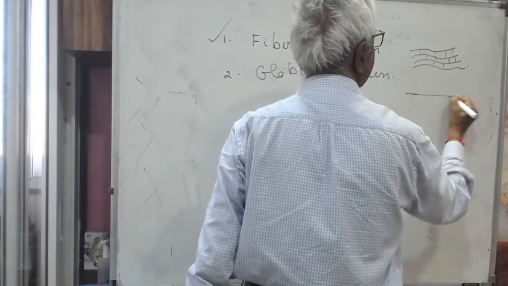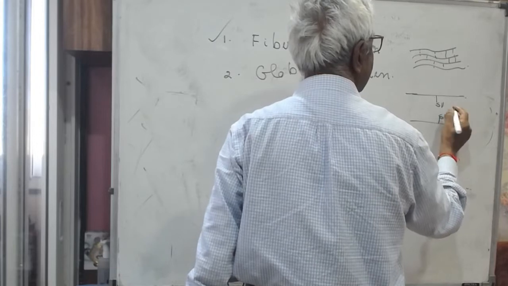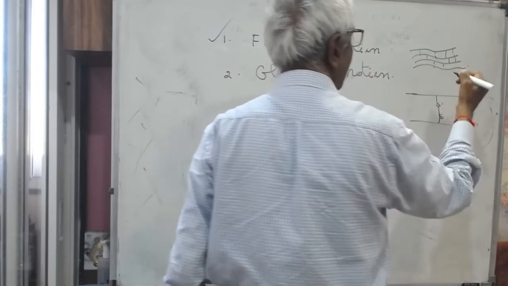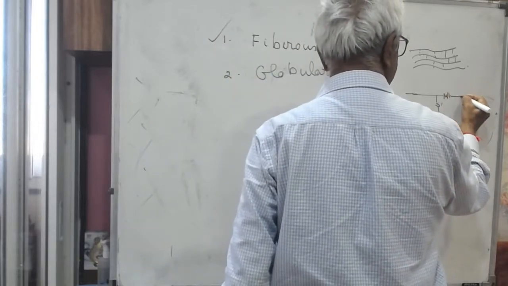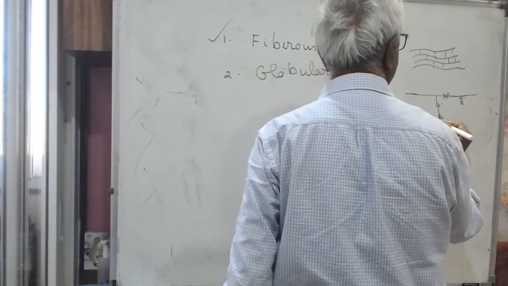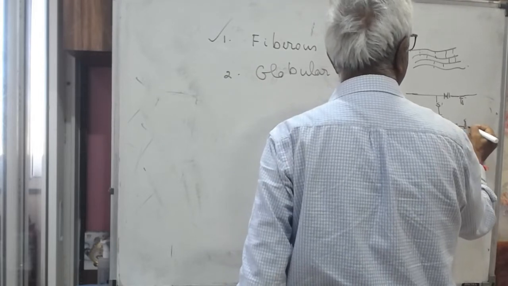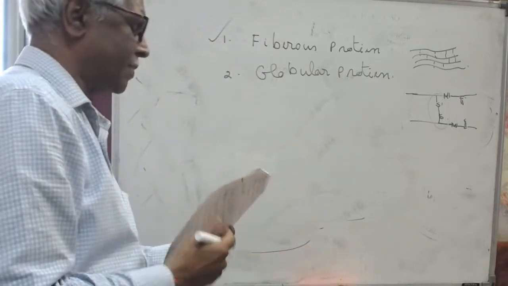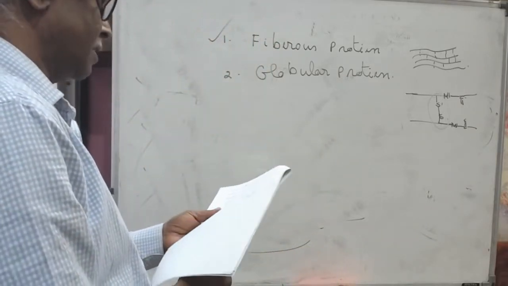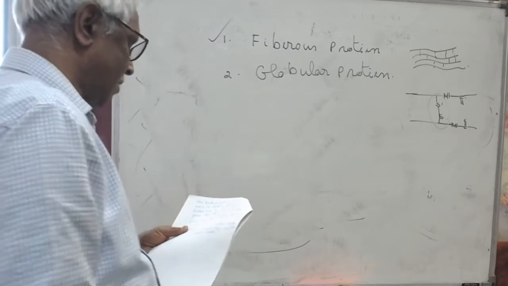Suppose here SH is there, in another protein SH is there, and the SH groups join together, and here NH and here CO, and similarly maybe NH and CO, and when they join, bundles of polypeptide chains run parallel and are held together through hydrogen bonding or disulfide linkage.